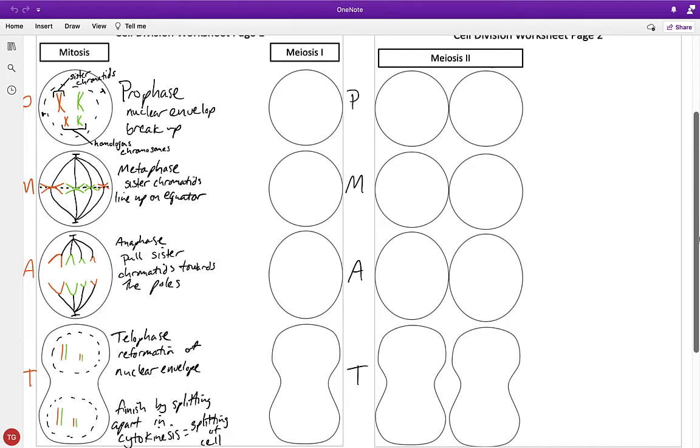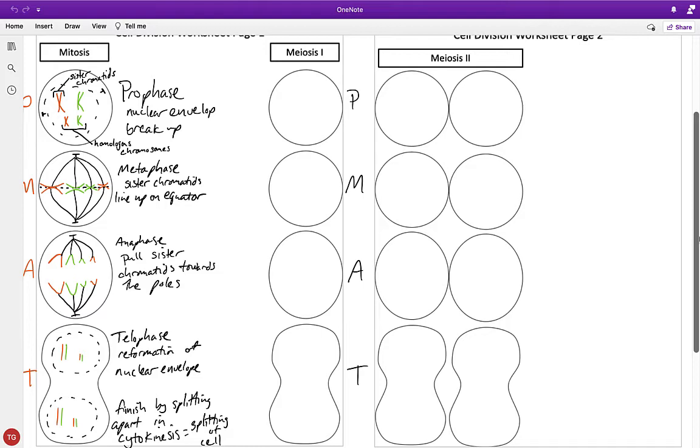But we actually refer to those as prophase 1, metaphase 1, anaphase 1, and telophase 1 if we're talking about meiosis 1, and prophase 2, metaphase 2, anaphase 2, and telophase 2 if we're working on meiosis 2. So we're going to kind of go relatively briefly through meiosis just to try to get an idea of how this really differs from mitosis.